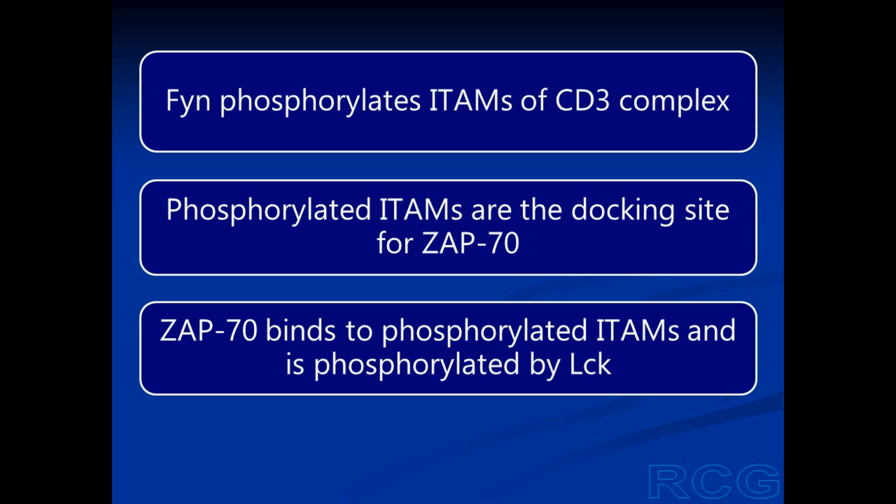Now, as yet, ZAP70, which is a tyrosine kinase, is inactive. But now the LCK, which is associated with the cytoplasmic portion of CD4 and which has become active, this active LCK phosphorylates ZAP70 and ZAP70 now becomes active, an active tyrosine kinase.